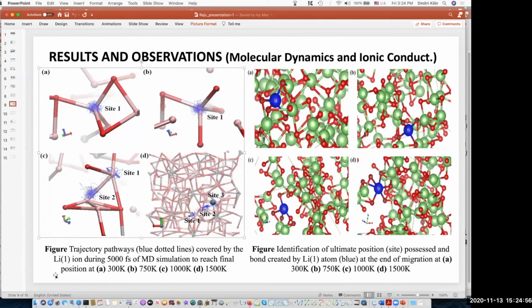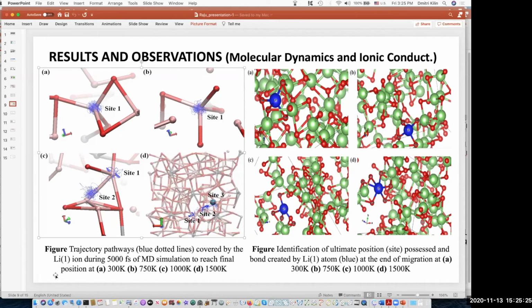So from the molecular dynamics in the movie, we showed that at the initial position it was at site 1. We increase the temperature to 750 and we see it still retains its original position. It didn't move.